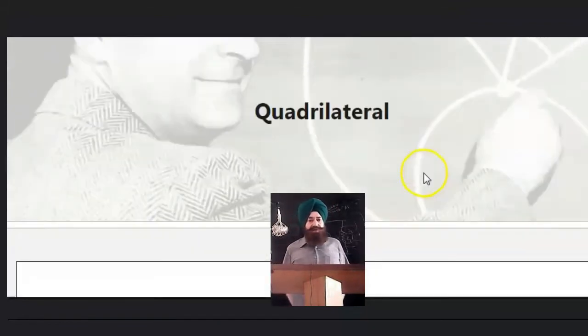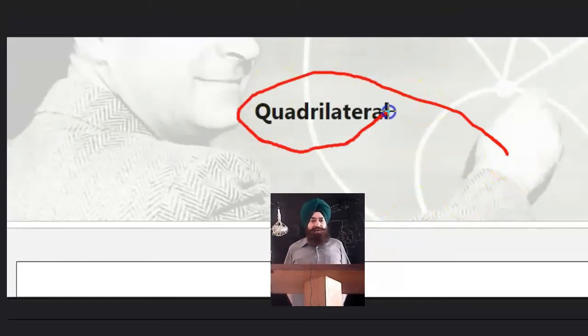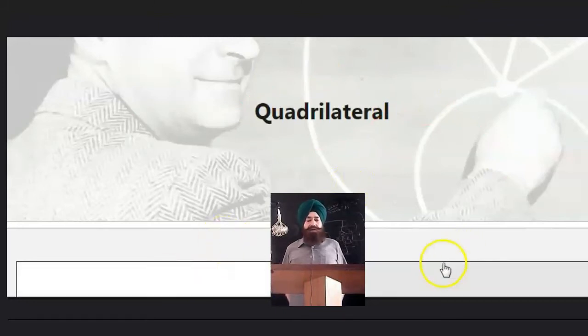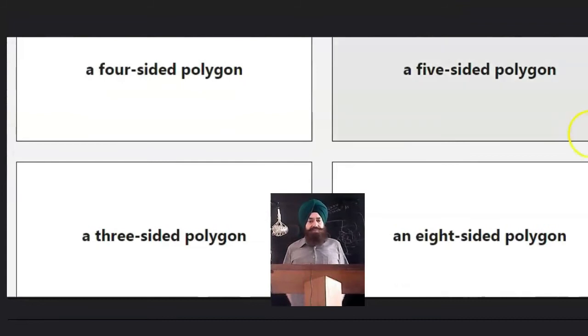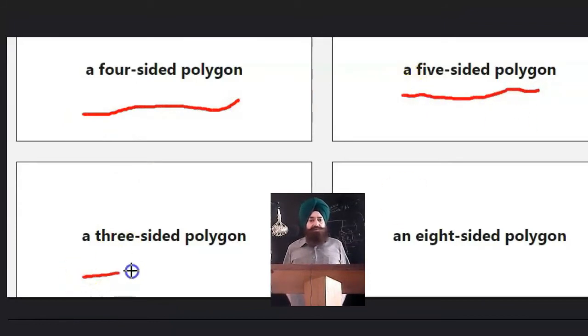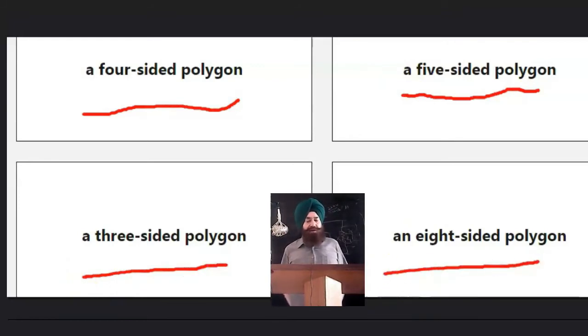Now what is a quadrilateral? Quadrilateral, you know the meaning of quadri. Okay, there are 4 choices. Number 1, a 4-sided polygon, a 5-sided polygon, a 3-sided polygon, and an 8-sided polygon.